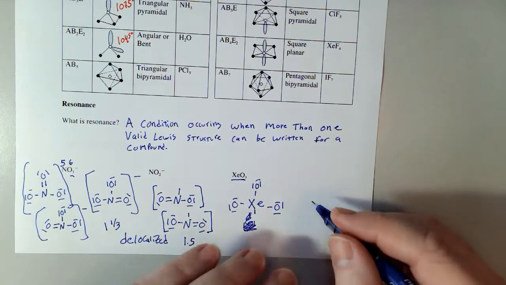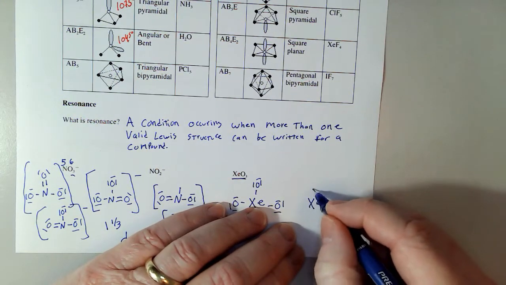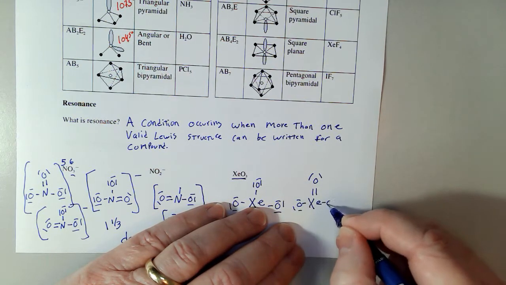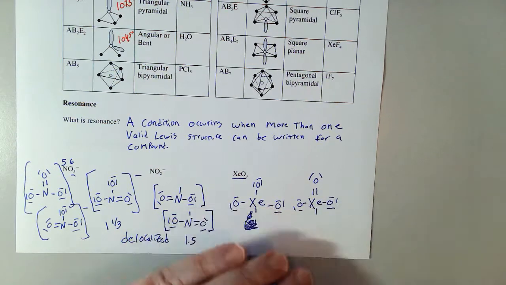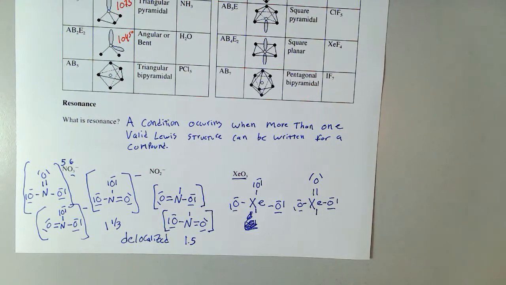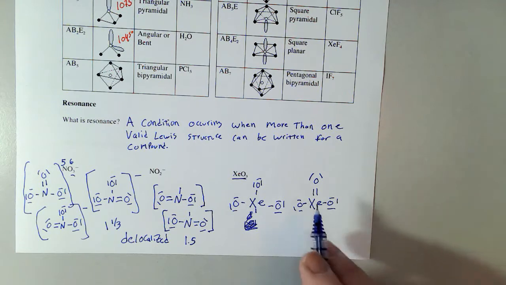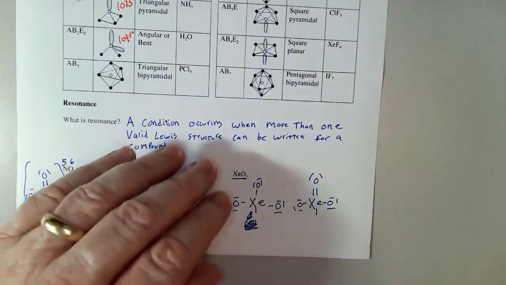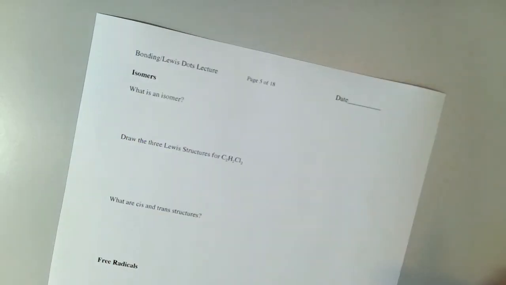But we can also have Xe double bond O with a single bond O, single bond O, and a lone pair. That's possible too. And if you keep going like this, it turns out there's about 8 total structures that you can draw. Okay? Not all of them are the way it's going to exist in nature. If you want to look in chapter 8 of the Zumdahl textbook, they actually do a nice big example about this exact compound. Okay, moving on to page number 5.